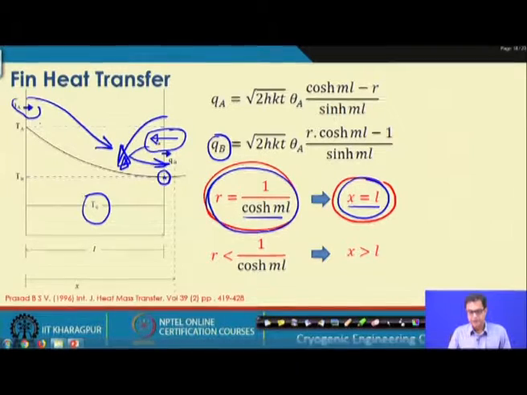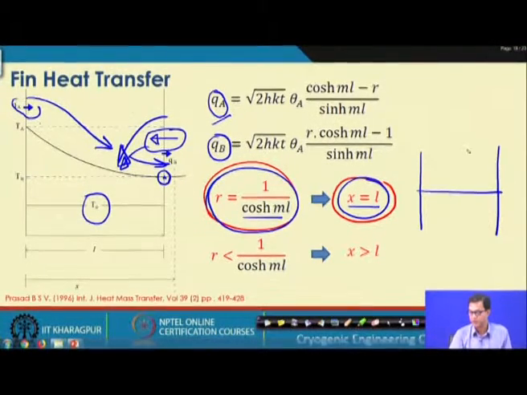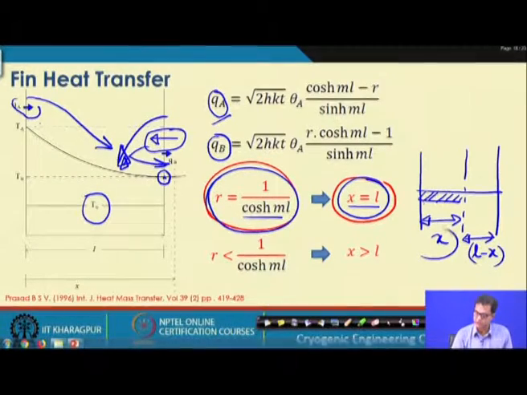So, now here also if we analyze this q a and q b, how did we do that? You may remember that q a has been obtained by integrating or calculating the heat transfer within this length x and this L minus x, and we have done the integration over this part and this part.